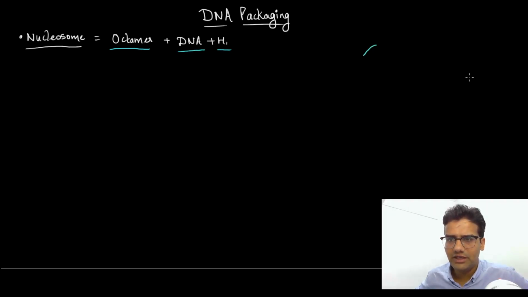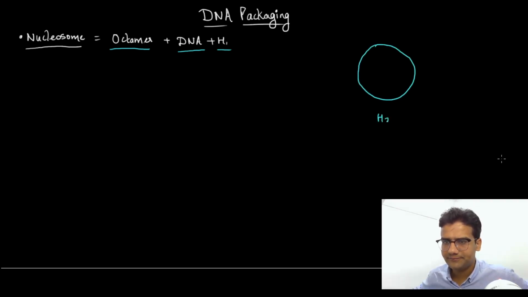This octamer basically consists of H2A, H2B, H3 and H4 proteins, and these proteins are present in dimer form and form an octamer.